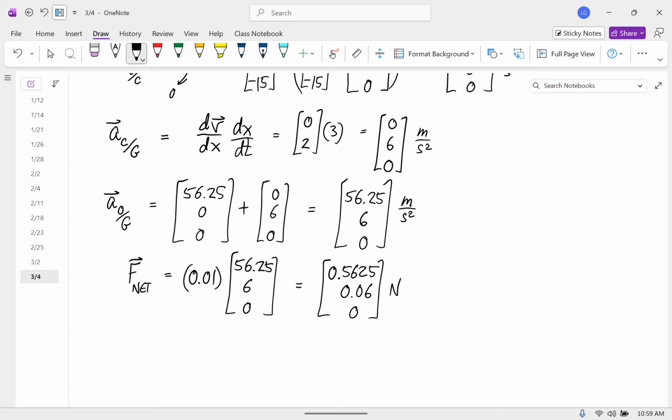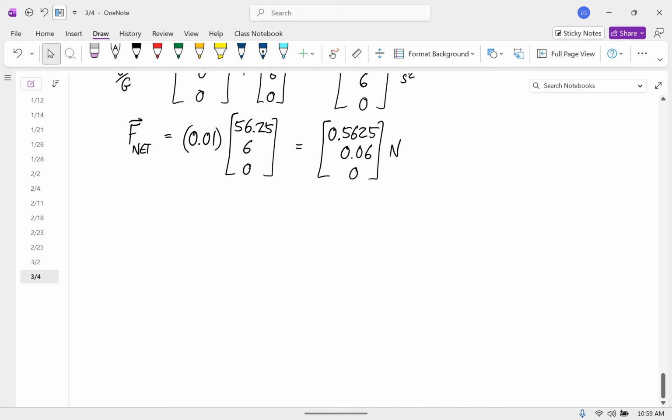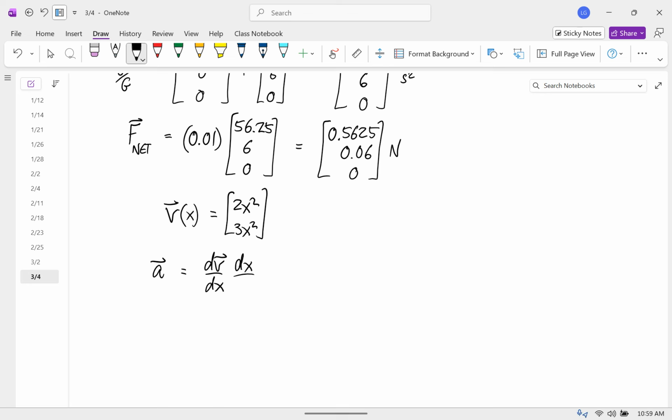We've done the chain rule stuff. We did a bunch of problems like that. So I'll erase this in a second. Don't write this down. But say that you have v of x is equal to 2x squared, 3x squared. It still works just the same. The acceleration is equal to dv dx times dx dt.